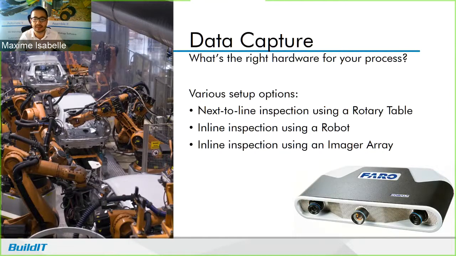It's something that you have probably seen in the past, a fairly common way to go about things. And then finally, to achieve a really, really high speed, we're going to talk about the imager array, which instead of using a robot to move a single imager from position to position, takes all of the measurements simultaneously, or almost simultaneously.